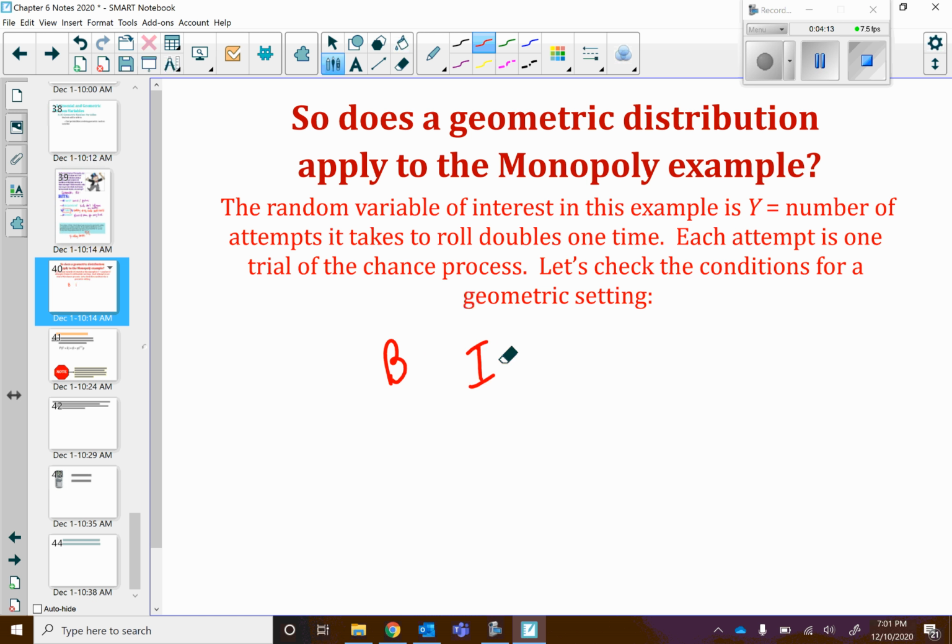I, independent, because of course, rolling dice is independent on every trial. T, I am not setting a number of rolls, but I am counting the number until I succeed, the number of attempts it takes to roll doubles. And then last but not least, S, the probability of a success is the same every time. We know the probability of rolling doubles is 1/6.